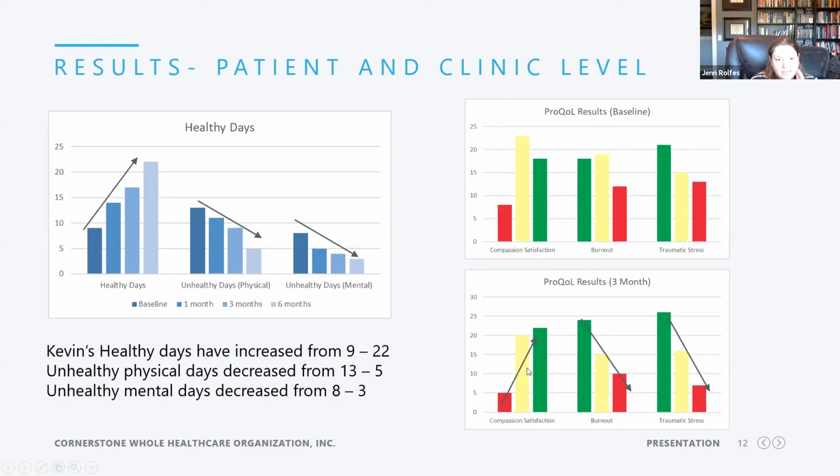So in compassion satisfaction, we hope goes up after we've given them some tools and resources and training. And then we hope that burnout and traumatic stress go down, again, after we've helped them with some coping mechanisms and other training materials.